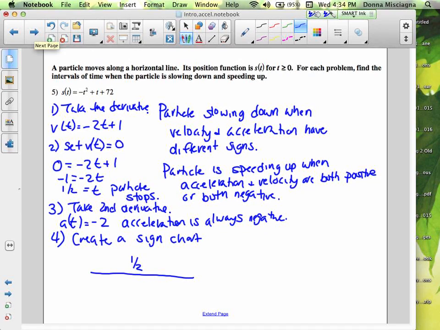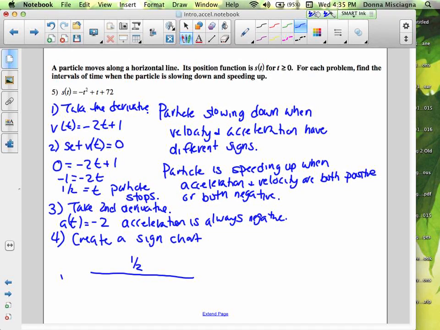Okay. And so let's take a look at what our function is doing in terms of velocity and acceleration. Okay. So we need to choose a value that is less than 1/2 and greater than 1/2. Let's choose 0. That would be a good one. All right, so at 0, we just plug in 0 there.